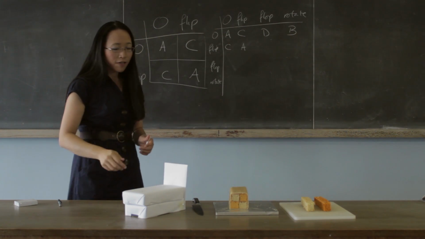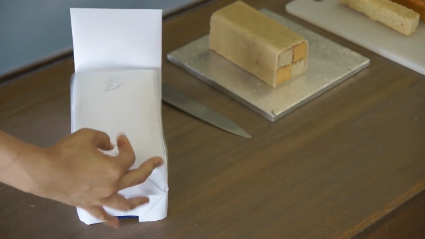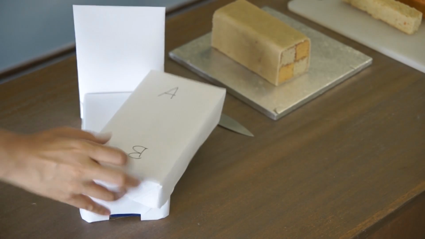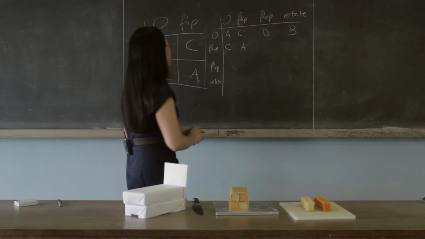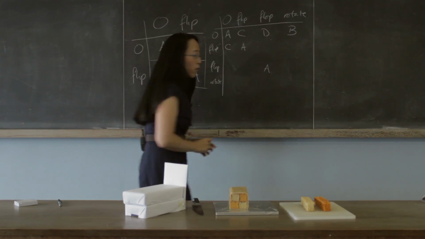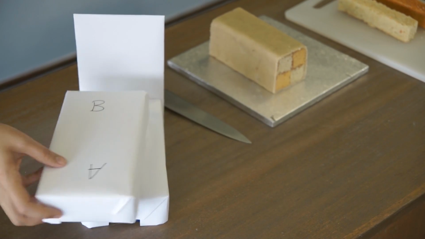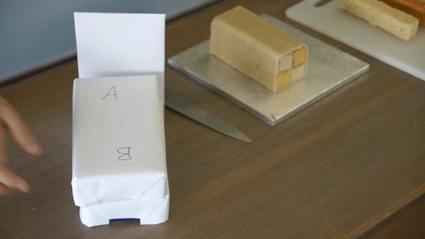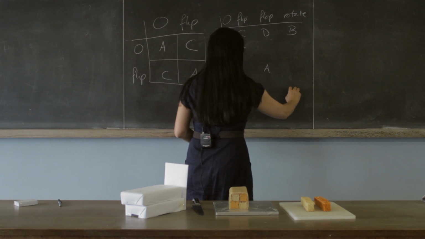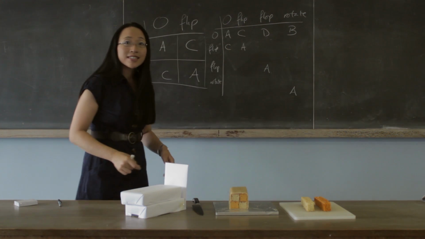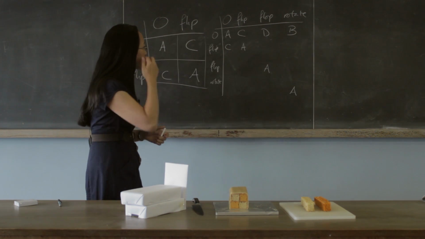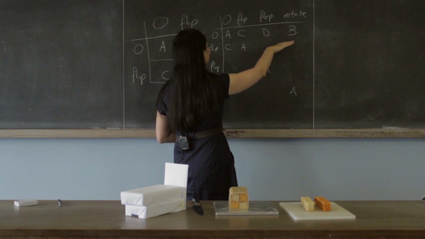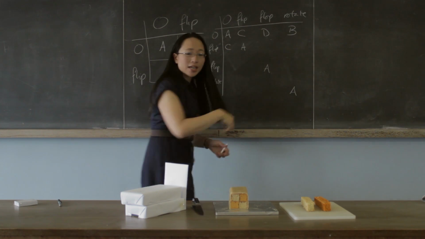Now what happens if I flop and then flop? Well, that gets me back into the A position as well. And what happens if I rotate and then rotate? That also gets me back into the A position. So if I do any of these things twice, I get back to where I started. Now let's try and fill in this corner over here. What happens if I do flip and then flop?